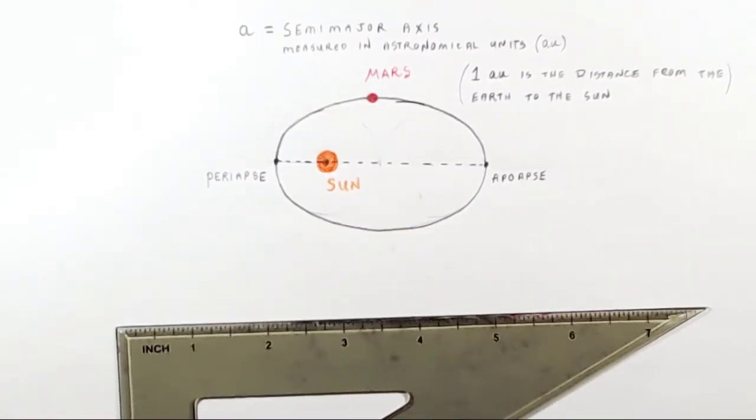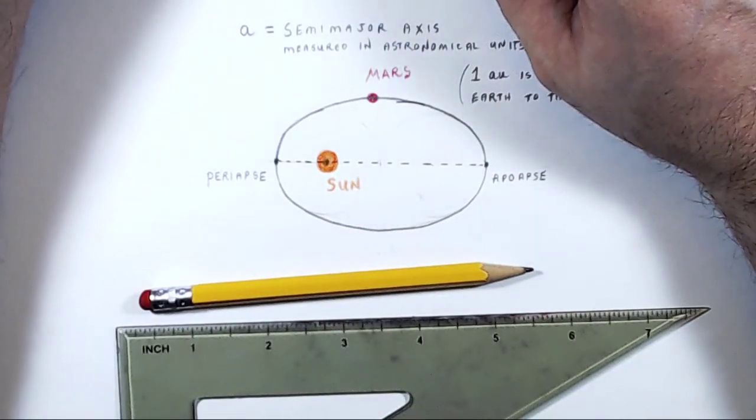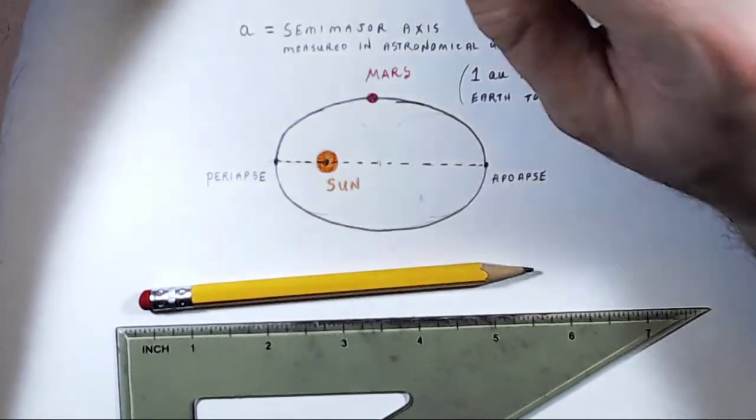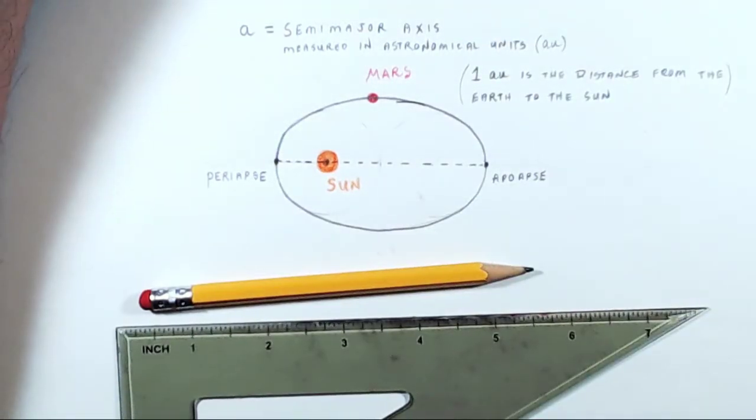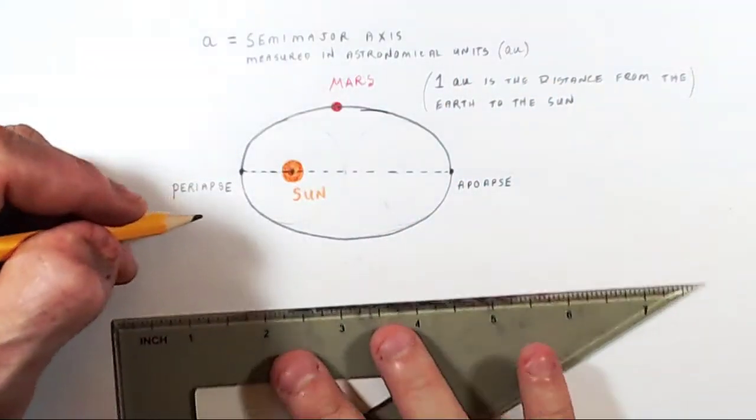And if I shift onto the internet and look up the orbital properties of planets, which I found on astronomynotes.com under their planetary table link, I find that the semimajor axis of Mars is 1.524 astronomical units. So let's make a little table here.